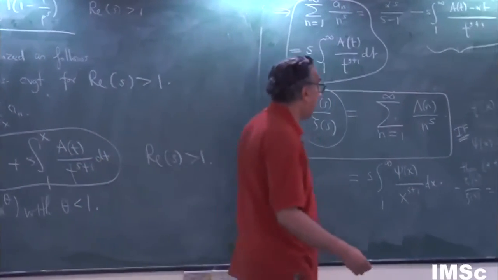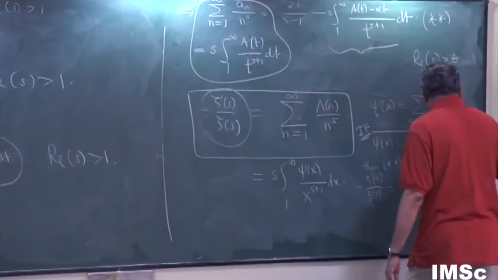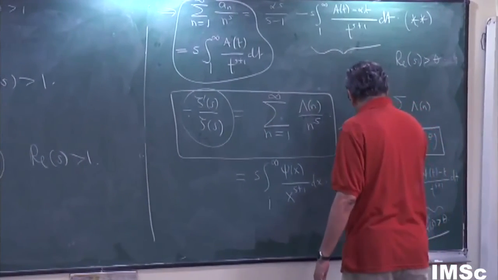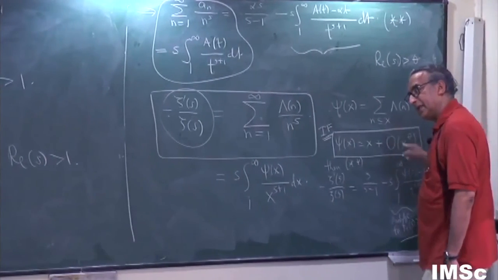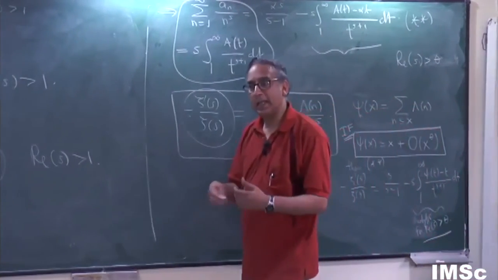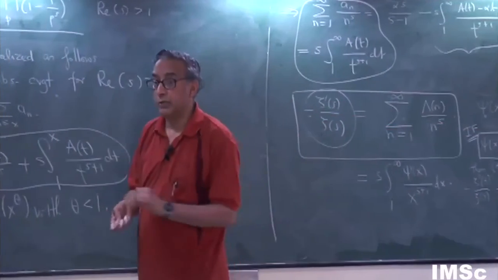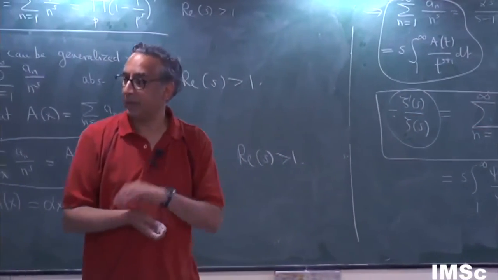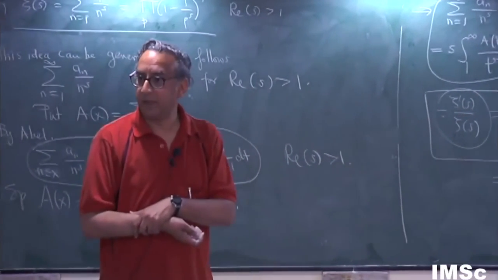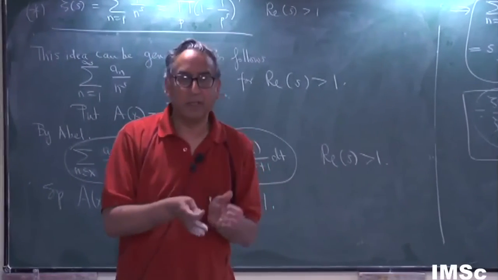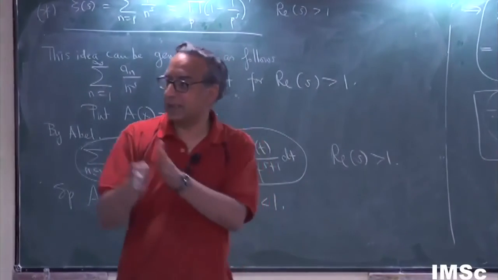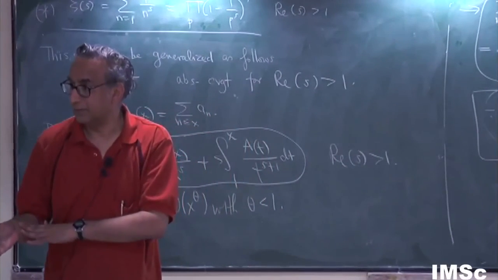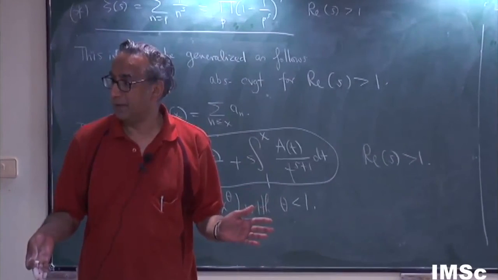So this fact here, the behavior of psi of x with an explicit error term, is equivalent to saying that the Riemann zeta function has no zeros in the region real part of s bigger than theta. So the non-vanishing of the Riemann zeta function in the particular region translates itself as an error term in the prime number theorem.